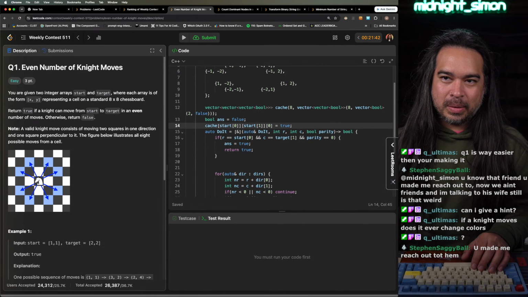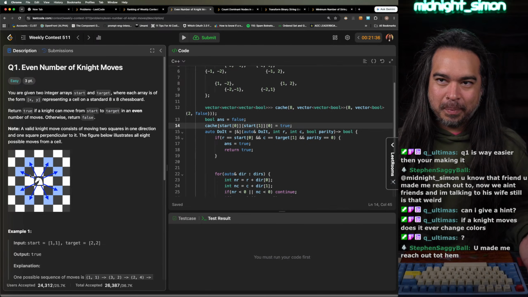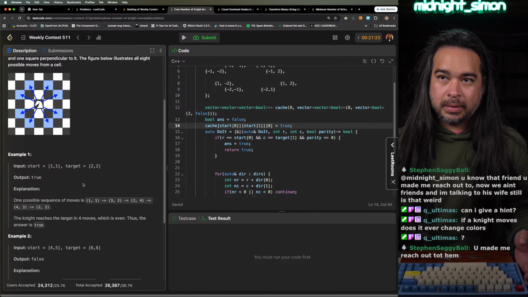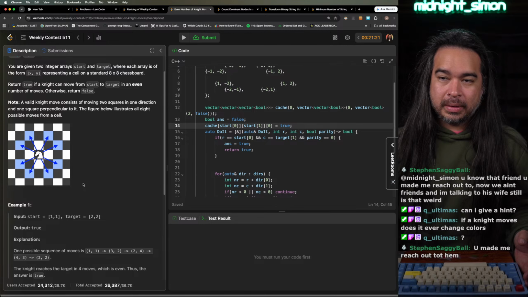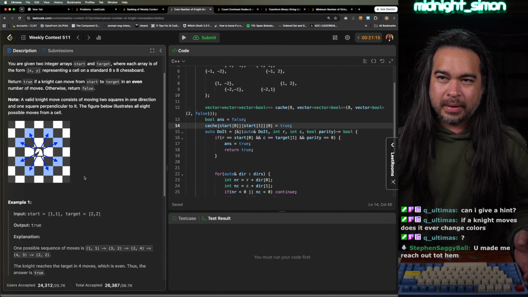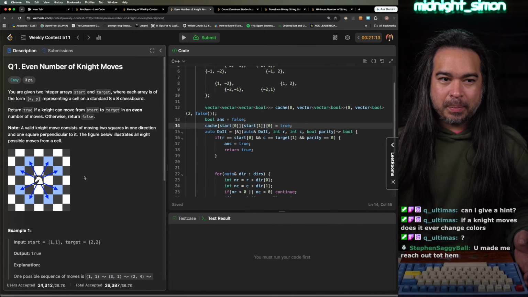So I guess what that means is if the colors are the same, then it is possible. But that can't be the only way to solve that problem, right?